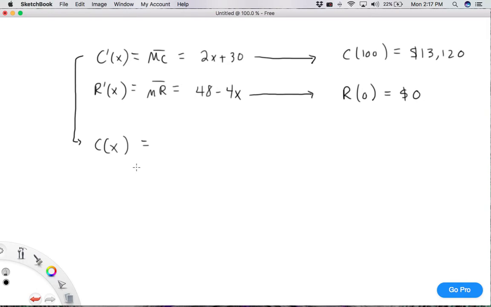Basically, I'm just going to be integrating 2x plus 30 because we have the derivative. So if we integrate the derivative, like this, the integral of the derivative is equal to the original function. So we're going to try and work backwards using an antiderivative.